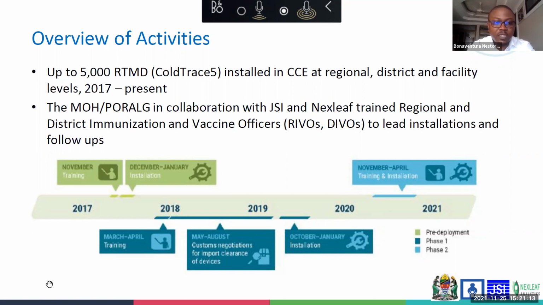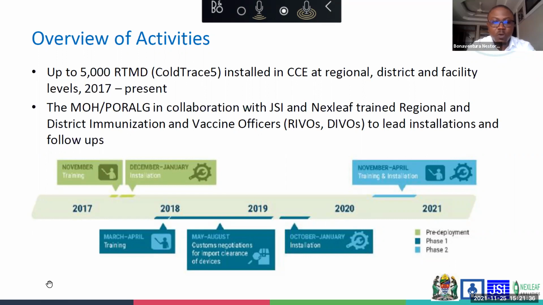As you can see from the presentation slide, we started this process at the end of the year 2017, where we trained some DIVOs and RIVOs in Tanzania. And at the end of the same year, we managed to start installation of these devices.